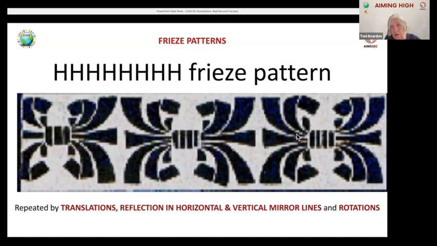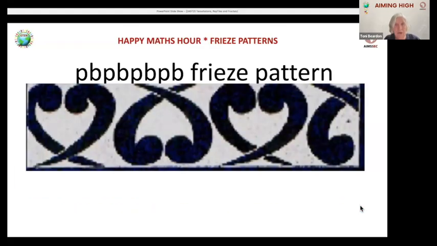You've got reflection in a horizontal axis, and reflection in vertical axes too. If you go halfway between this pattern, in the middle of this pattern, the right-hand side and the left-hand side are images of each other. So you've got reflection in horizontal and vertical mirror lines, and that gives you rotations.